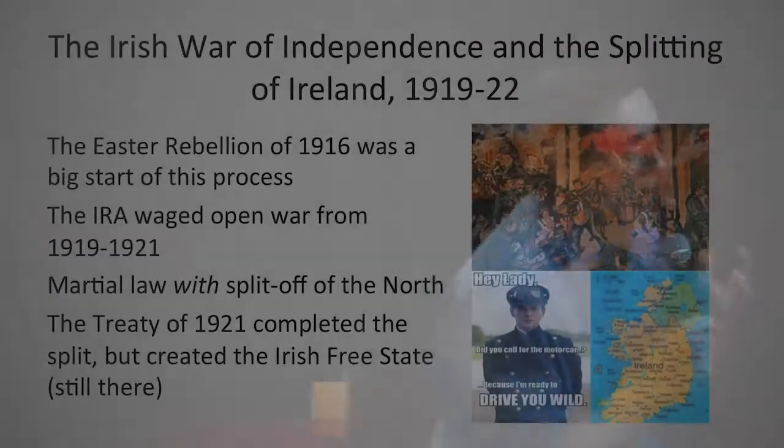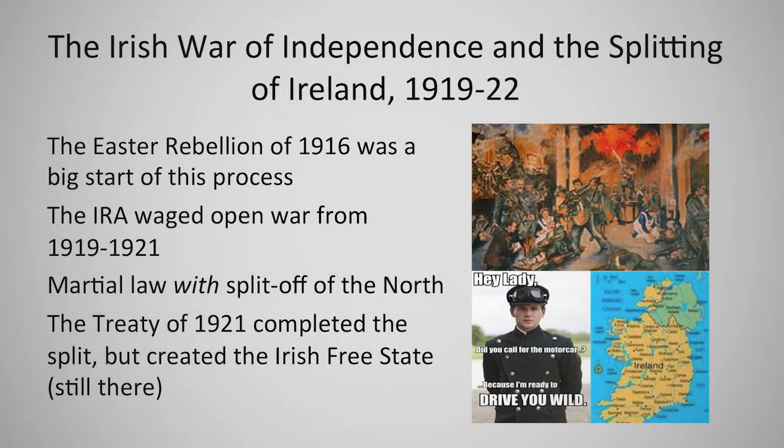And the Treaty of 1921, which he does talk about at one point, that was worked out to stop a lot of this fighting, completed the split between Southern and Northern Ireland, where Southern Ireland became the Irish Free State that we still know today, and even eventually adopted Celtic as its co-main language, and left Northern Ireland under British rule.